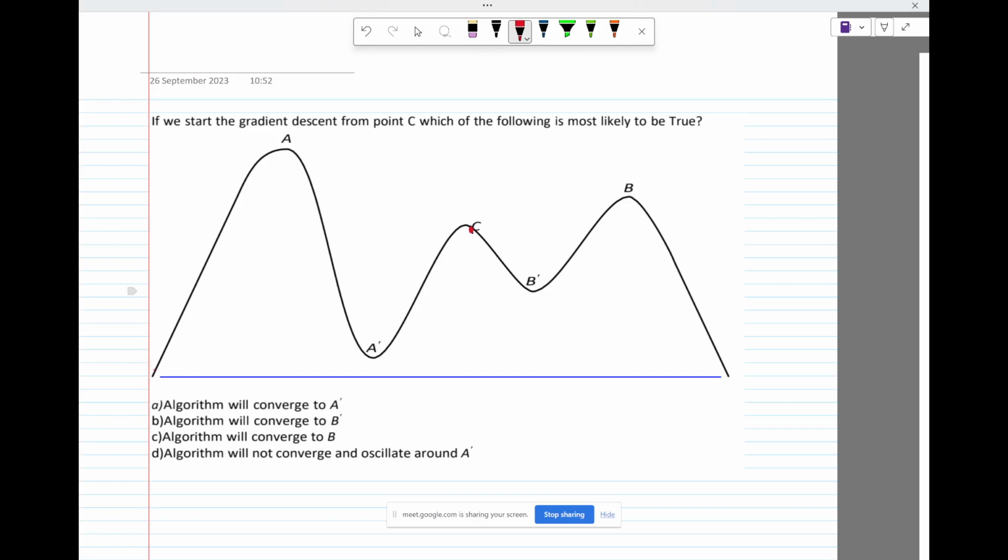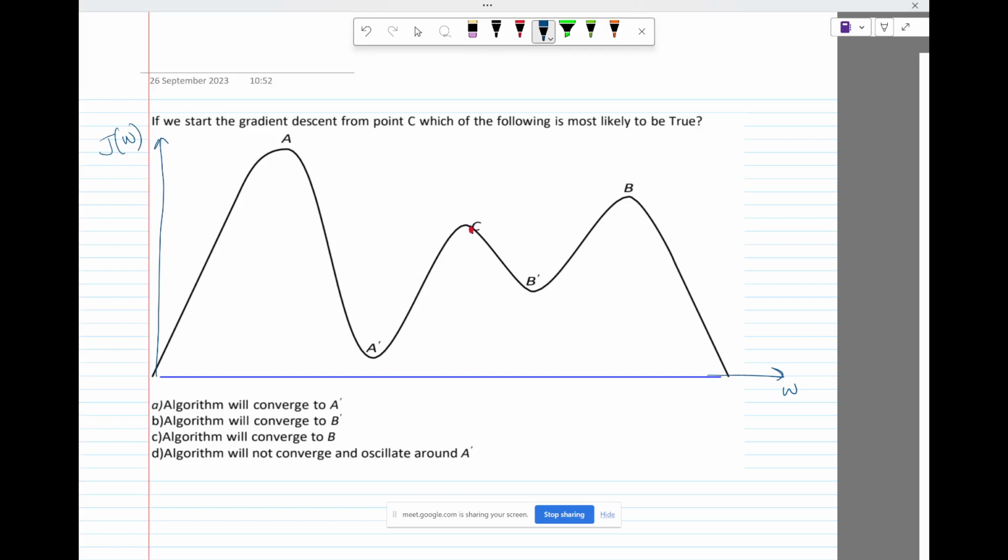Okay, you can say this is your loss value, the cost function, and this is w. Let's say there is only one parameter w.